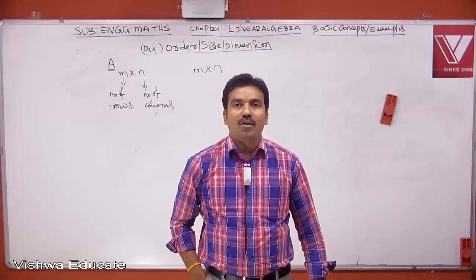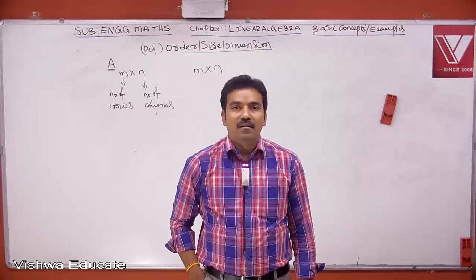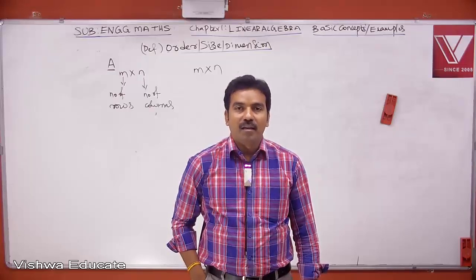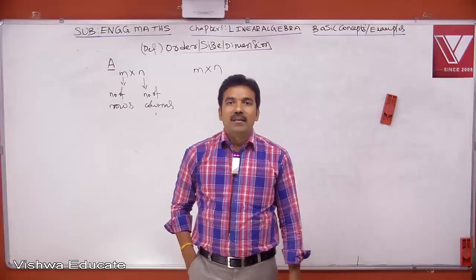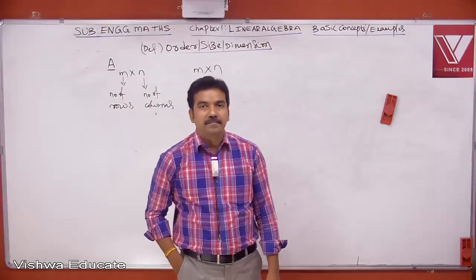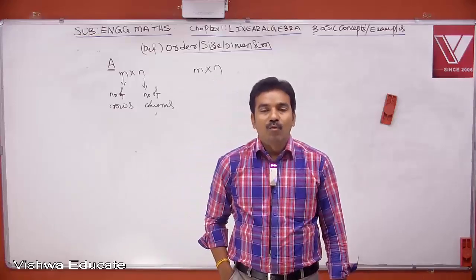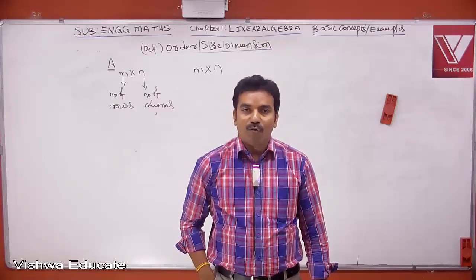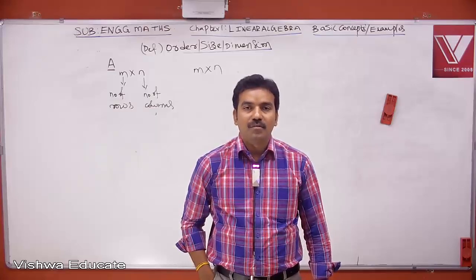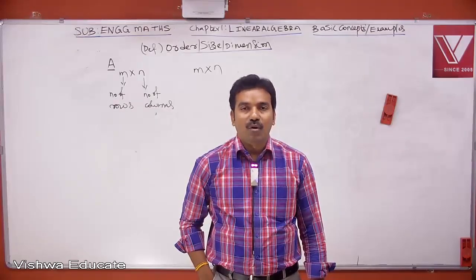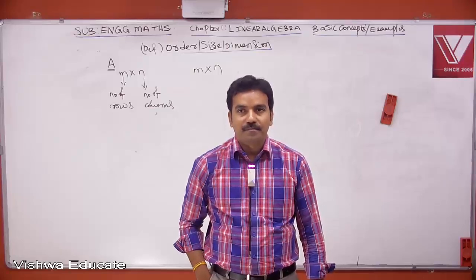It is denoted by m cross n, where m is the number of rows and n is the number of columns.